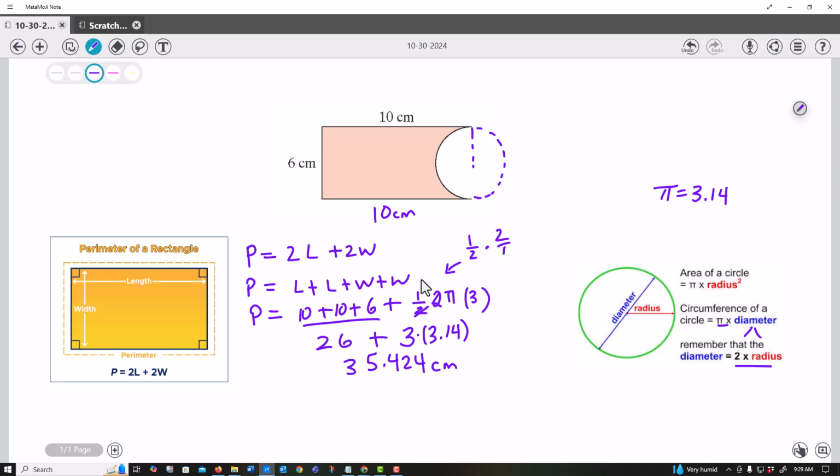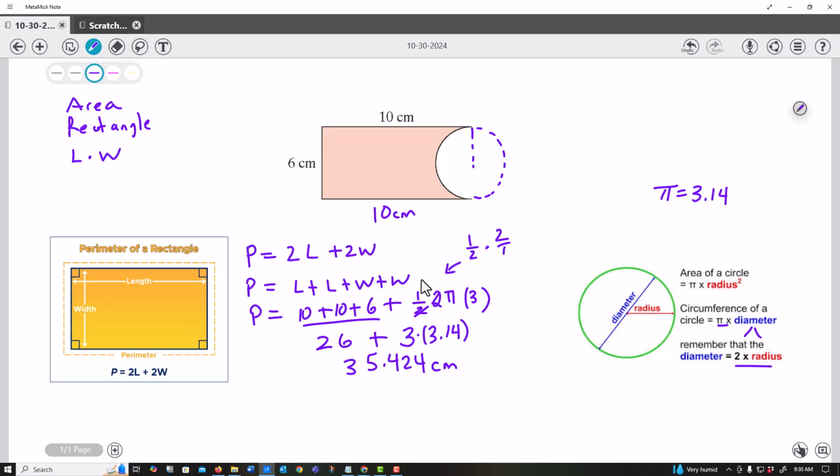All right, now if we want to find the area, so let me do this over here. So we look at how we find the area of a rectangle: the rectangle will be length times width. And if I'm multiplying centimeters times centimeters, this is going to end up being in centimeters squared.